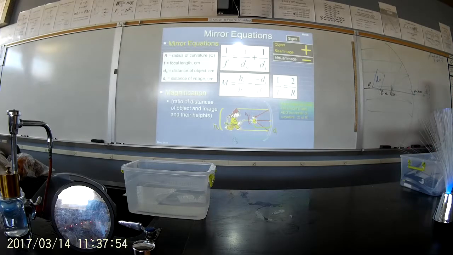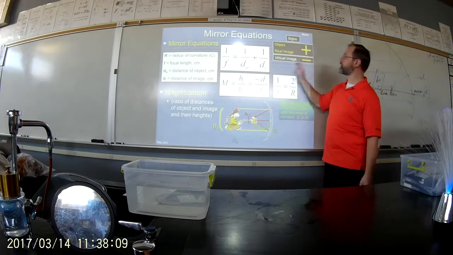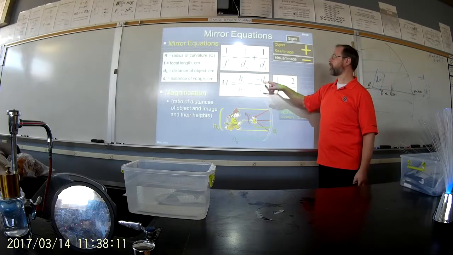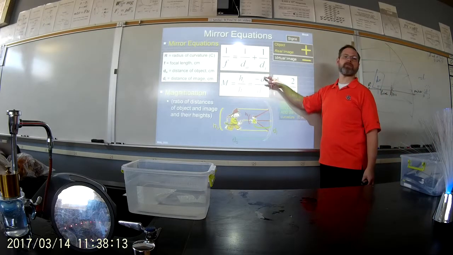So far, so good? Sometimes it happens where this image is virtual. If this image is virtual, it gets a negative DI. And to cancel it out, a negative DI from a virtual image, well, you'll have a negative of a negative, and you'll have a positive number.